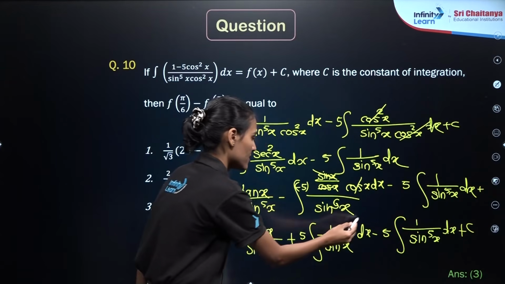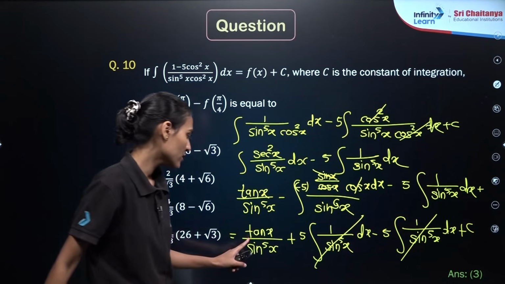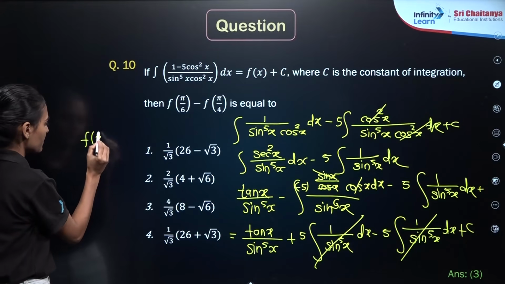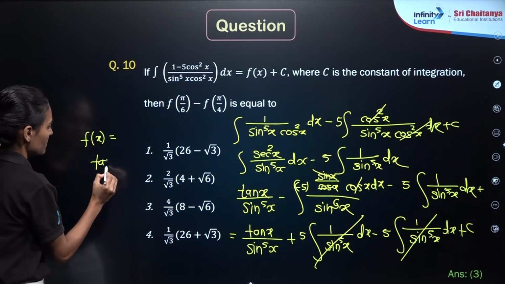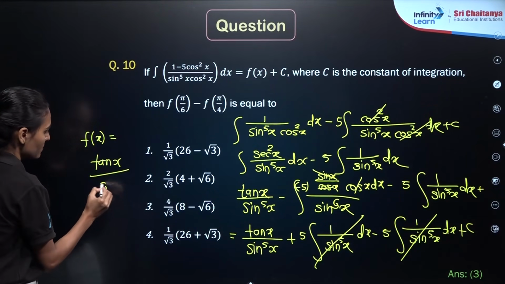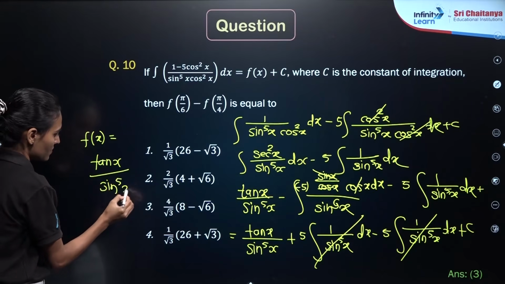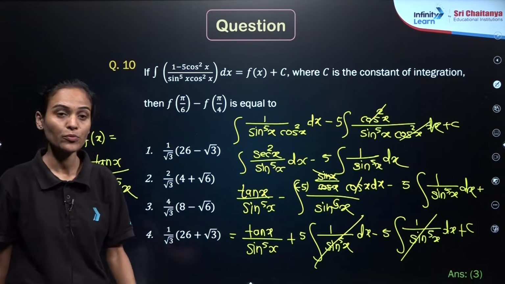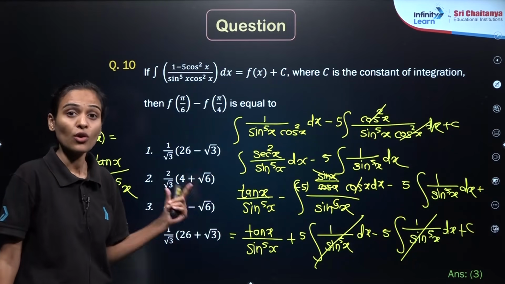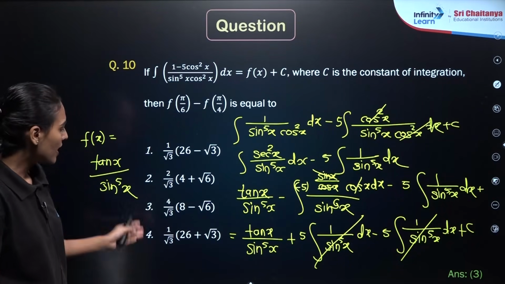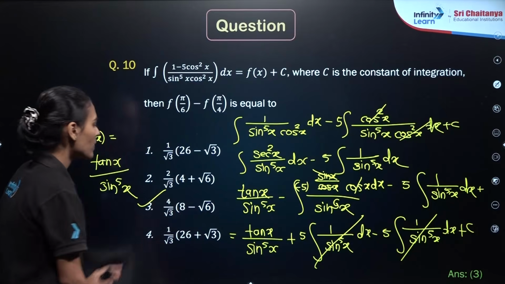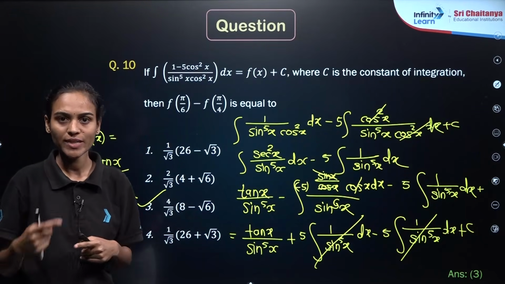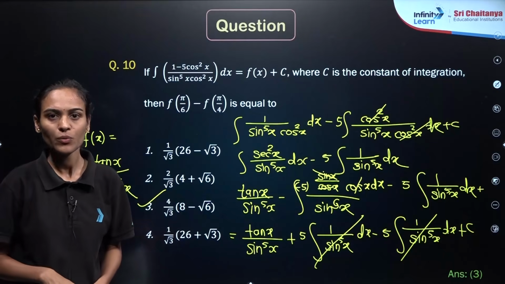So these two will get cancelled. So f of x is tan x upon sin power 5x. Now you can calculate f of pi by 6 minus f of pi by 4. These are standard angles, so solving is easy. You will get the answer as 4 by root 3 into the bracket 8 minus root 6. So in this way, using by parts, you can solve these types of questions.